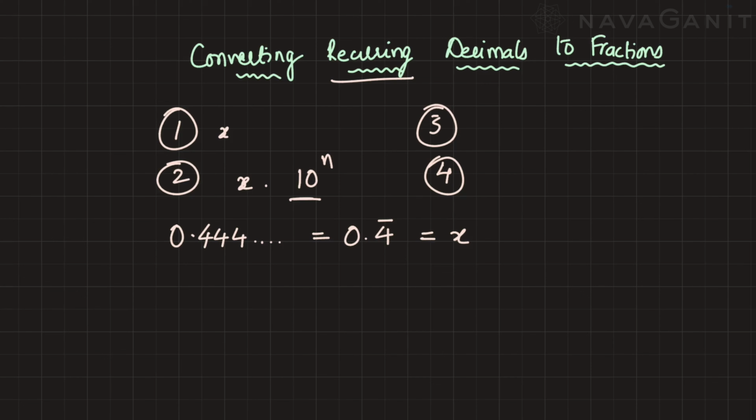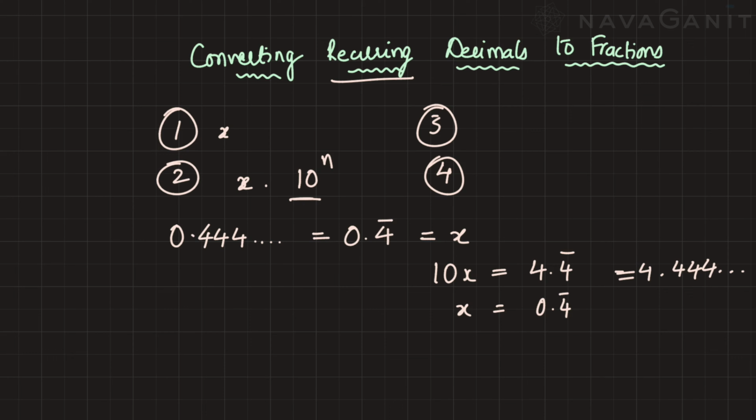Now I need to multiply both the sides by 10 in this case, because if I multiply it by 10, 10x would be 4.4 bar, because this is nothing but 4.444 and so on, and x is 0.4 bar. So why did I multiply it with 10?